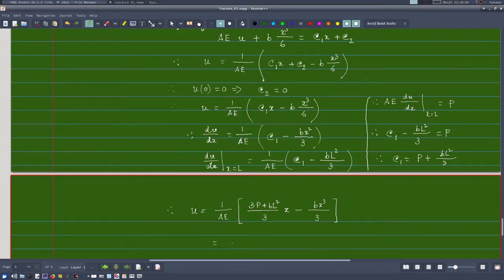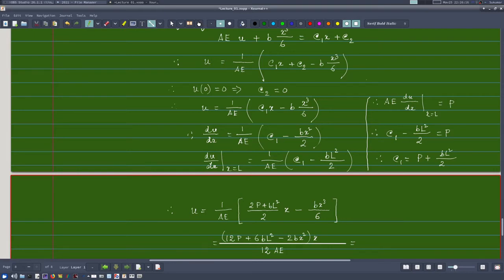Okay, and therefore if I simplify again, I'll get... I did some silly mistake here, of course. So integration of this will give me thrice x square divided by 6, so it will be bx square by 2. I had written earlier 3, so please kindly note this error.